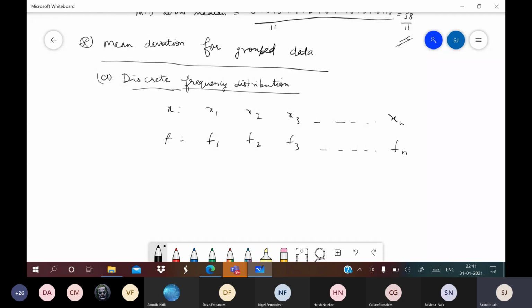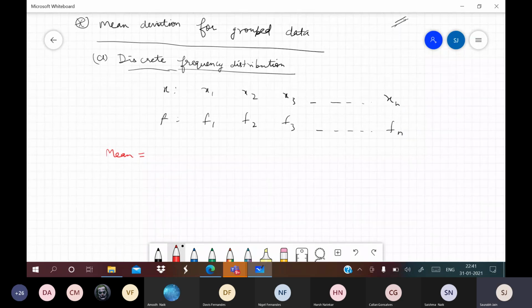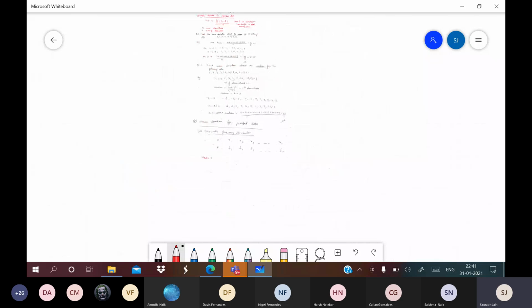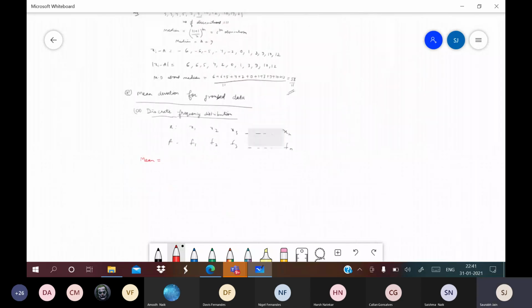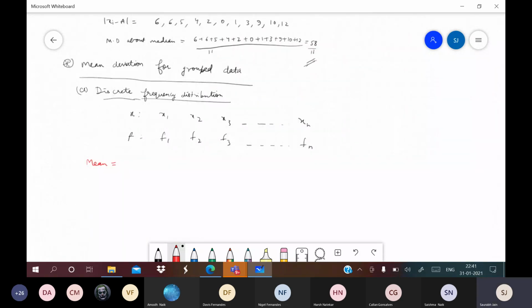Now based on this, you are asked to find mean and median. Can anyone tell me what is the formula for mean here in this form? Do you remember? I asked you to revise also.